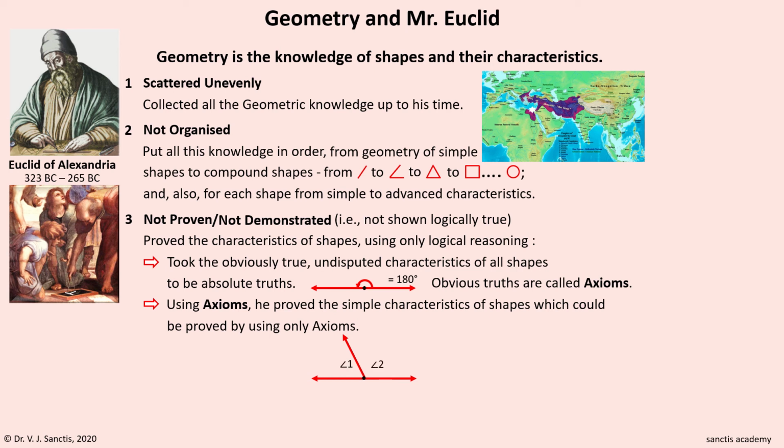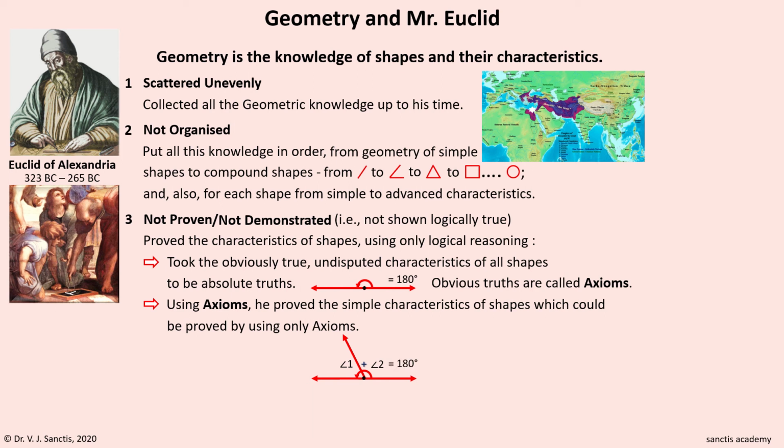Now you will say, how simple, since the whole angle formed as per the axiom is equal to 180 degrees, then the sum of the parts, angle 1 and angle 2, will also be equal to 180 degrees.